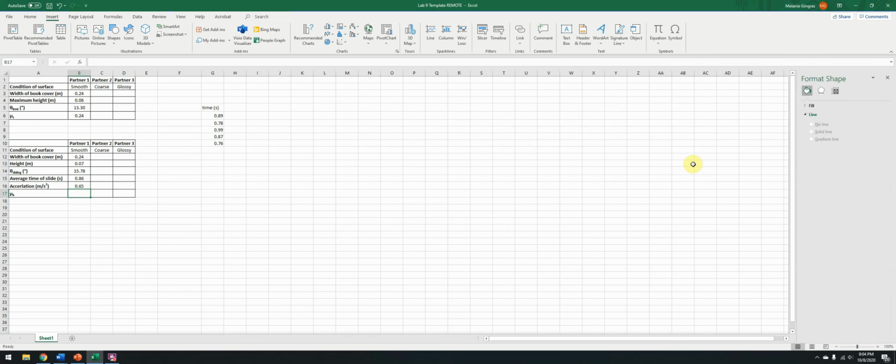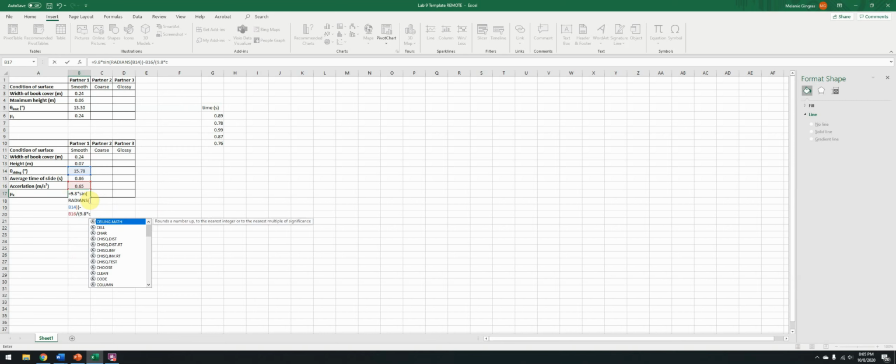All right, so we have equals g, sorry, not g. We're going to put in the numerical value, 9.8 times sine radians, then our angle. Then we're going to subtract our acceleration, and then divide by 9.8 times cosine radians of our angle.